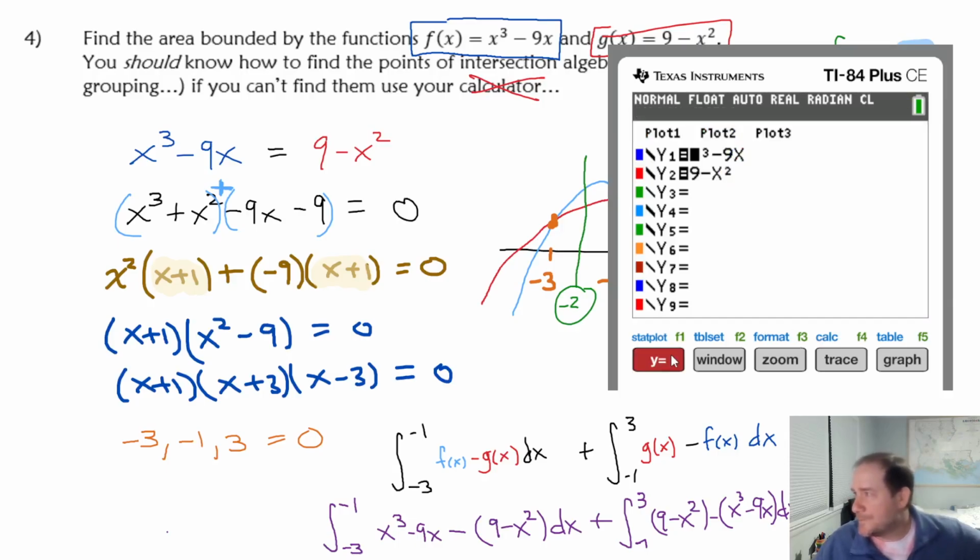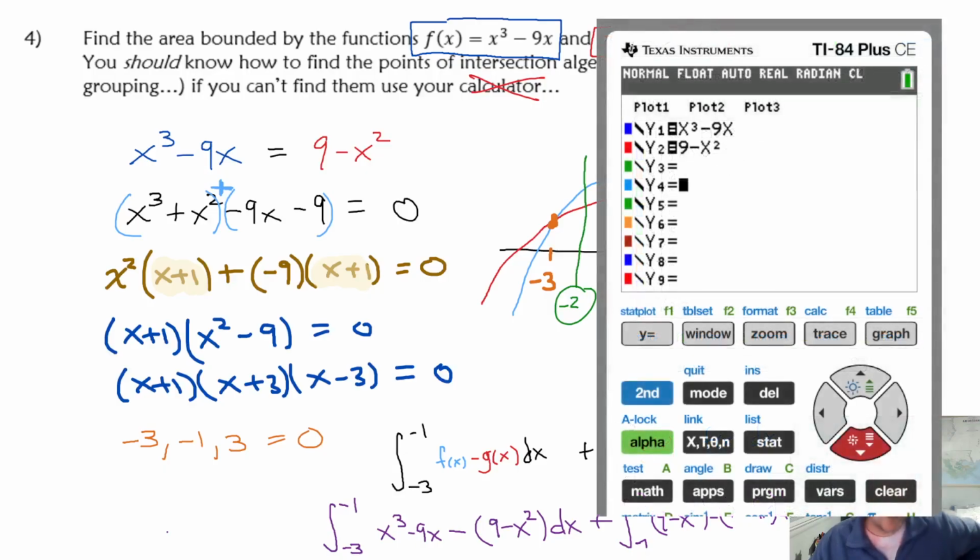I will say that if we wanted to find the difference in the areas between them, we could make a third function where we go vars, and this part maybe you want to see, so let me maybe bring that up. Alright, see that button down? No, you don't see it yet. Boom. Now you see it. See this button that says vars?